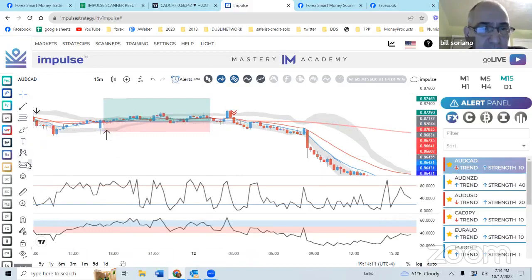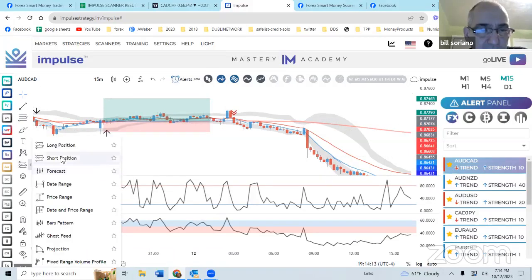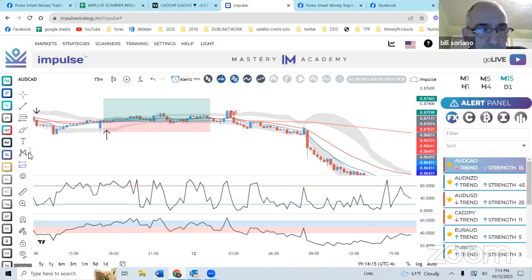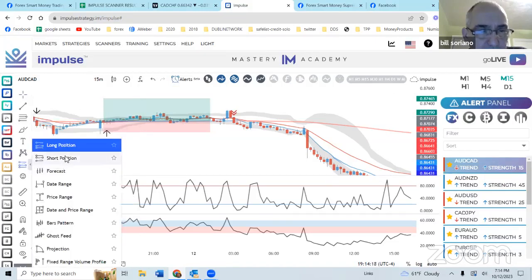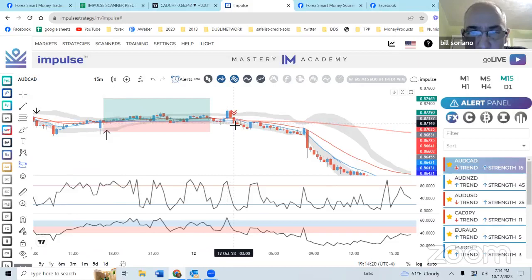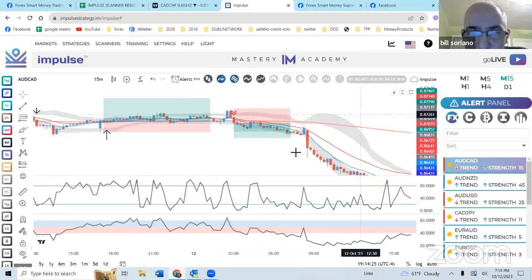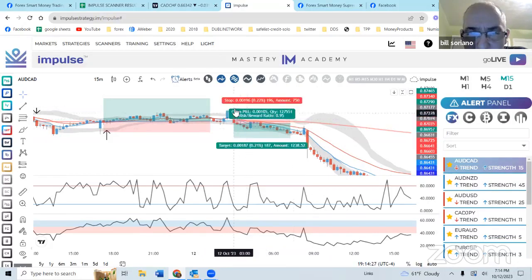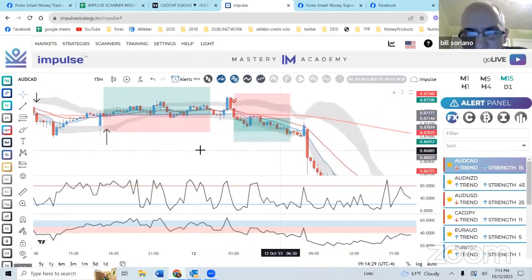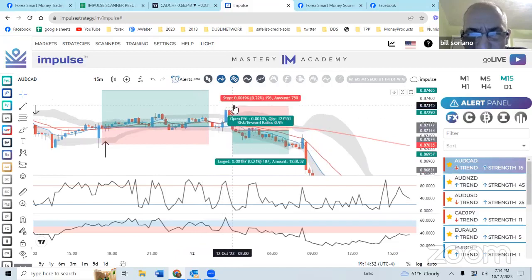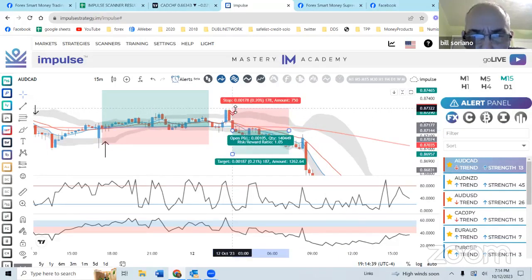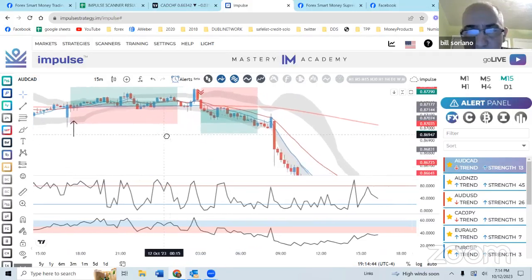But then we get another trade opportunity here. Let me just show you what this looks like. It's supposed to be a short position here, so we would get in right there. In this case, we have to put the stop loss at the top of these wicks, because the candles have gone through the shaded area of the Bollinger Band.